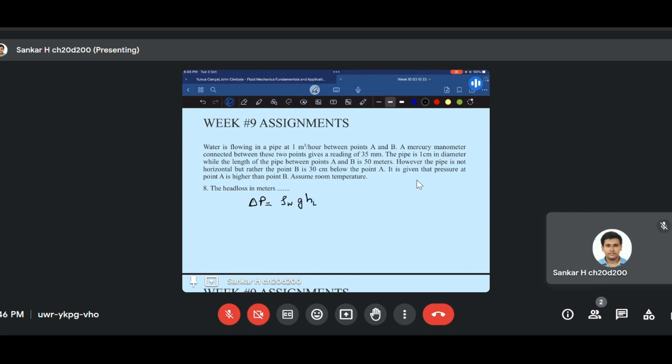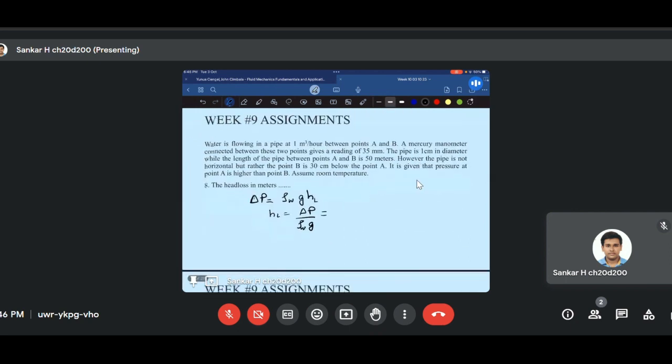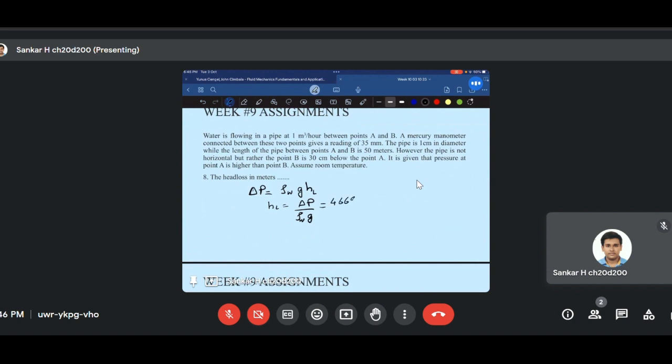So head loss will be delta P by the density of the fluid in flow times g, and this should be 4,669 Pascal by 1000 kilograms per meter cube times 9.81 meter per second square, and this value comes out to be 0.476 meters.